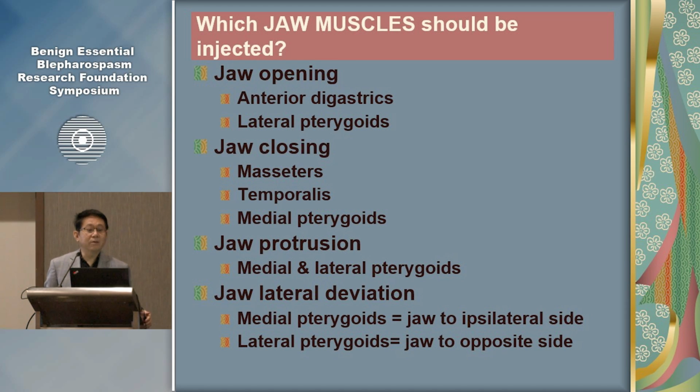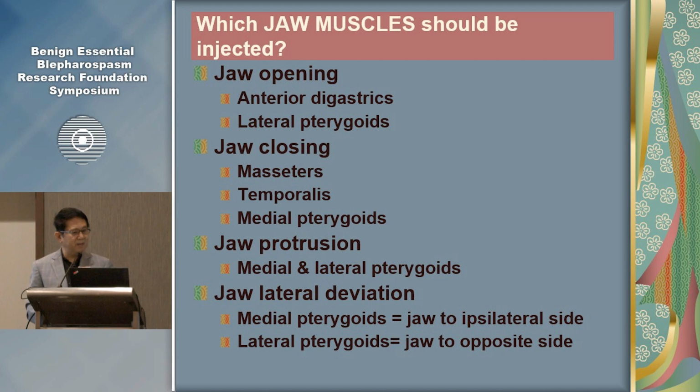The jaw opens, so we inject these two muscles, and if it's jaw closing, we inject a different set of muscles. If your jaw protrudes, we inject the medial and lateral pterygoids, and if the jaw deviates towards one side or the other, we choose between the medial and lateral pterygoids. So you really need a good clinician to analyze exactly what's happening and to make sure that they inject the right muscles.